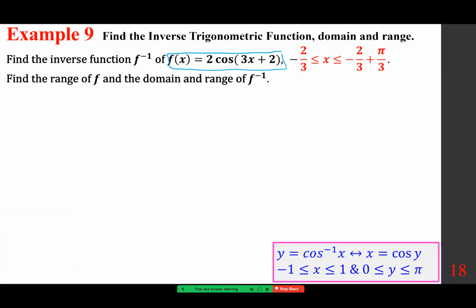We want to find the inverse, and the domain is given that x is between -2/3 and -2/3 plus pi over 3. It's given in that format. Okay. So I hope everybody is understanding the situation and the question.